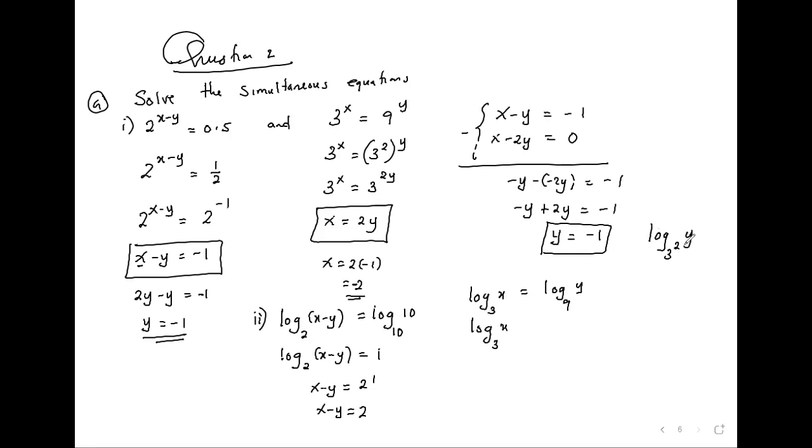Then use that property where we can take the power away from that so that we get half log base 3 of y. So that one goes up. So it remains x is equal to the root of y. So that if you square here and square here, you get x squared is equal to y.